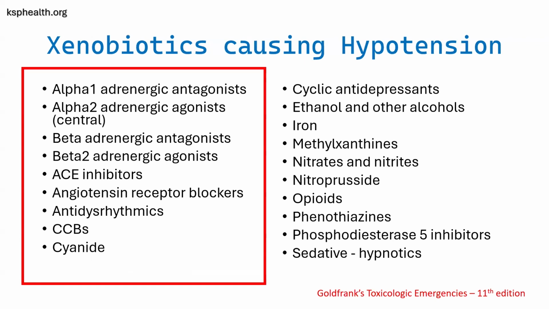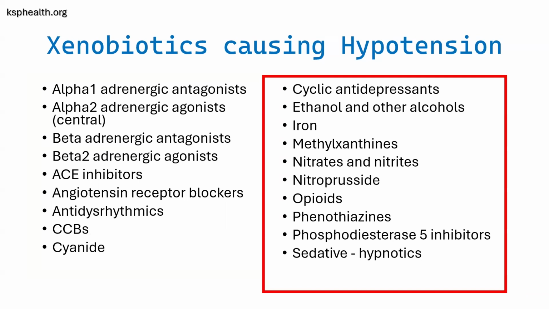So, what are the xenobiotics causing hypotension? As we all know, alpha 1 adrenergic antagonists, alpha 2 adrenergic agonists, especially those acting centrally, beta blockers, beta 2 adrenergic agonists, ACE inhibitors, angiotensin receptor blockers, antidysrhythmics, calcium channel blockers, and cyanide.